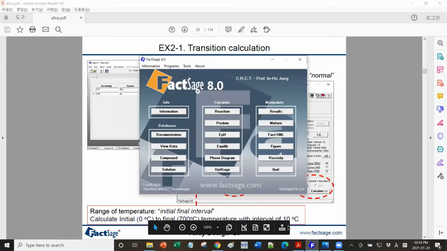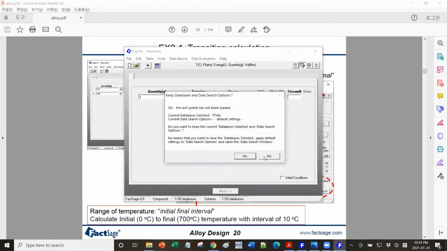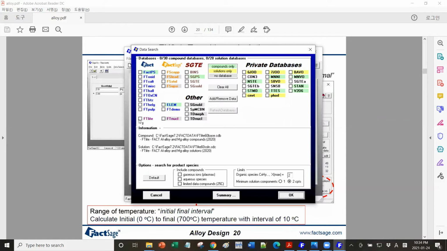So for the calculation, we have to click Equilib. Click no and no. We will use FTlite. Click FTlite and click OK.